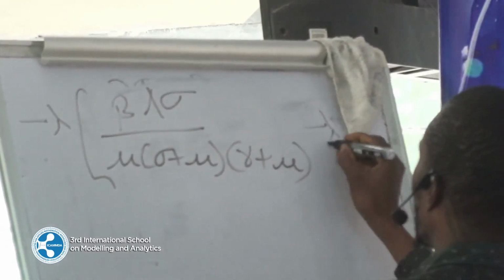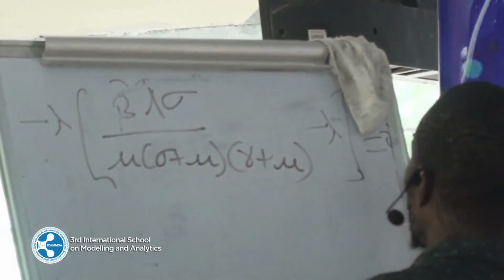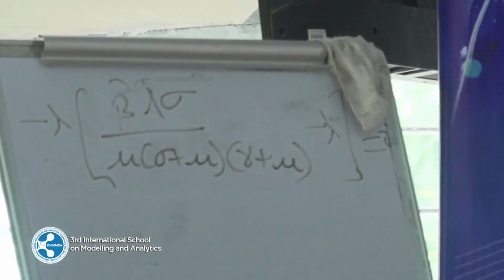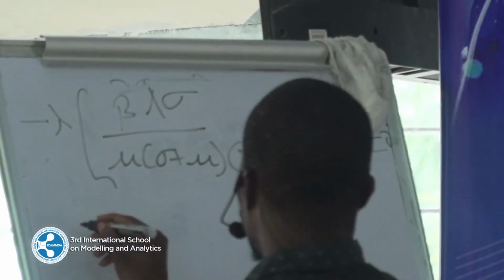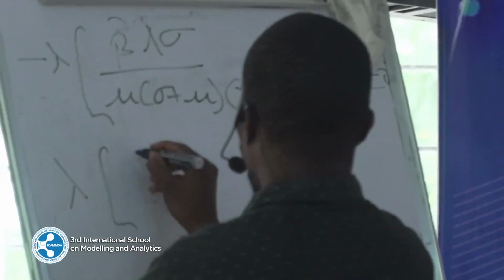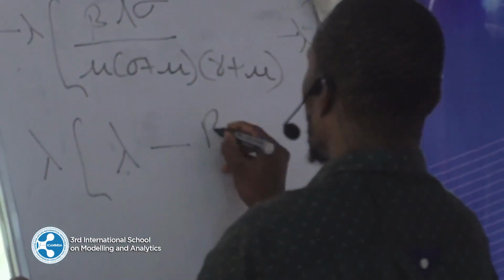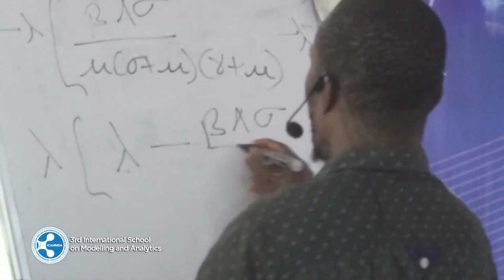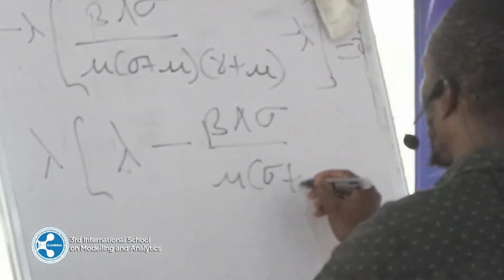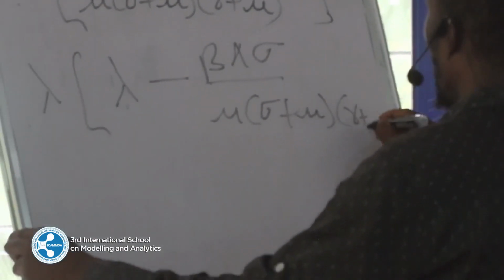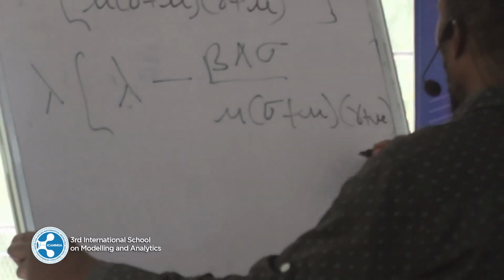Minus lambda equals what? Equals 0. So this can easily become lambda into bracket lambda minus beta lambda sigma over mu into sigma plus mu into gamma plus mu equals 0.